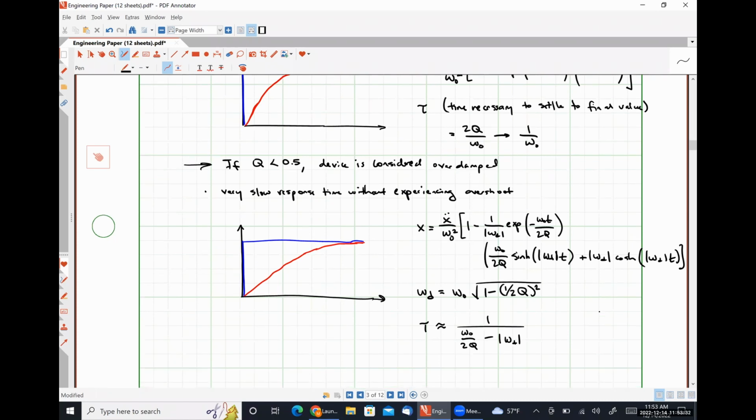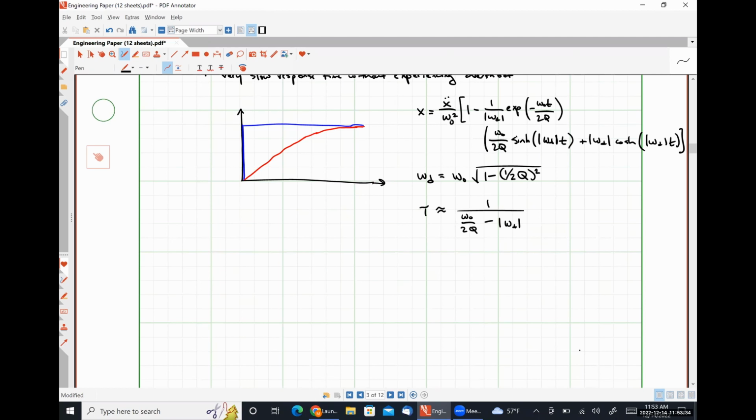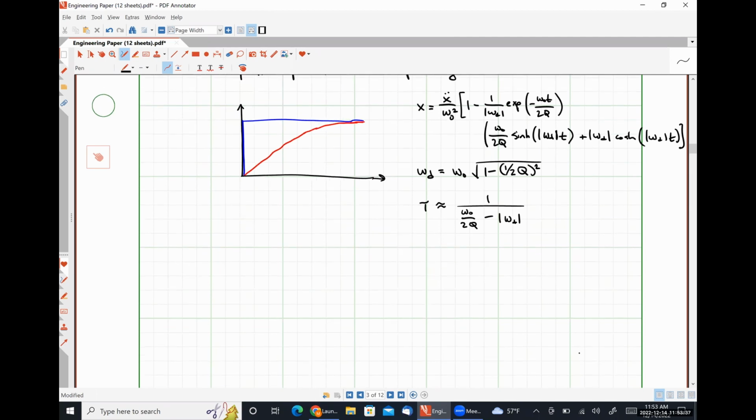Yeah, I'll need to go back and look at this. I'm a little bit confused as to why those hyperbolics come out.